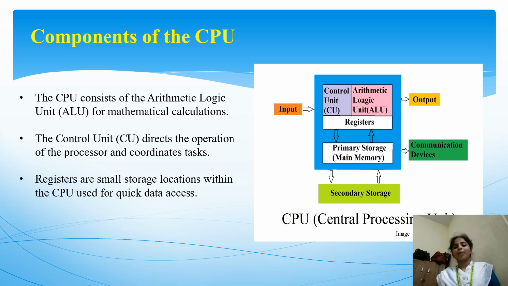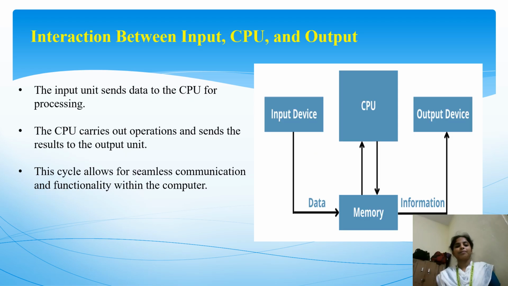Then registers and primary memory, which is nothing but main memory. The output is stored in main memory, then the data is processed again, and only then is the output given.